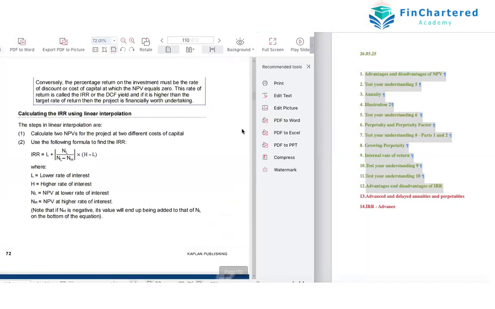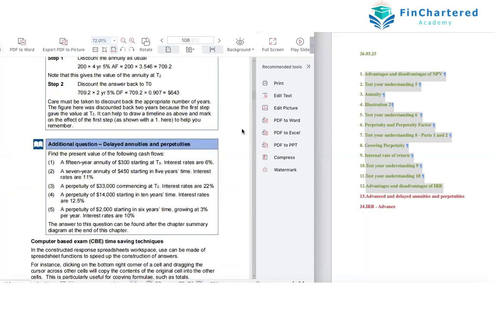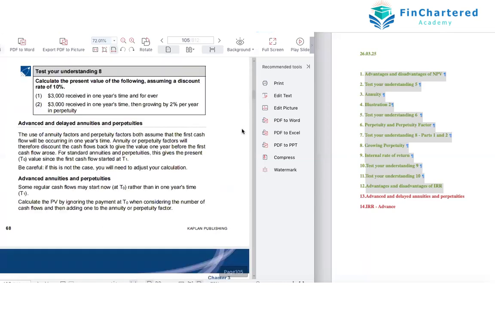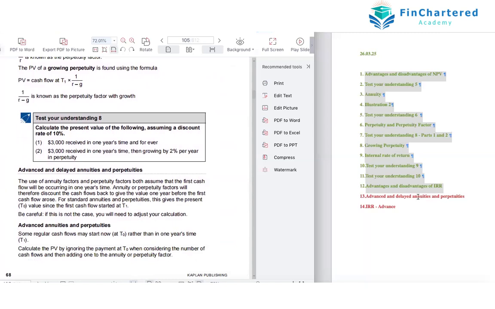And once that has happened, we can look at advanced and delayed annuities and perpetuities. But today is a good time to start advanced and delayed annuities and perpetuities.